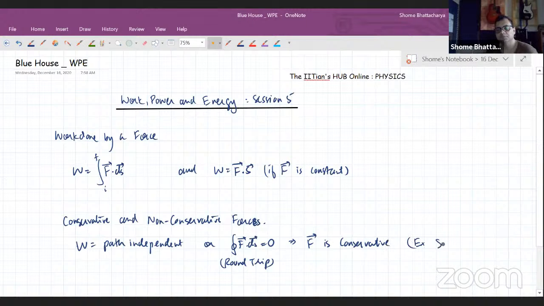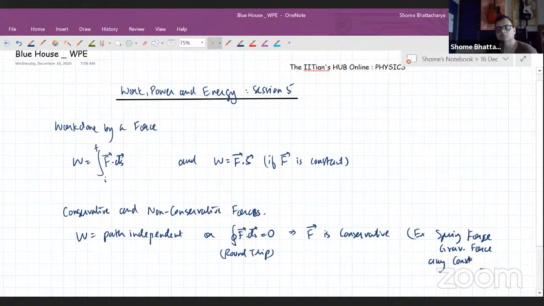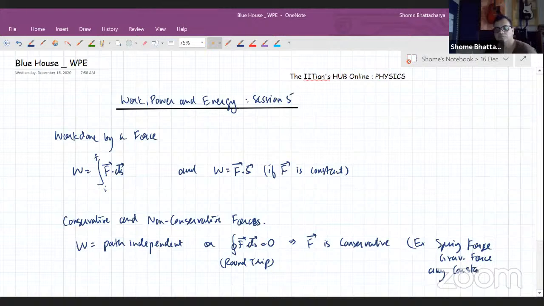Examples of that being spring force, gravitational force, any constant force. These are all examples of conservative forces. This is the closed integral, so it's work done in a round trip.